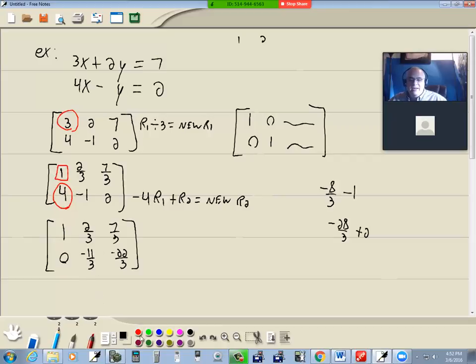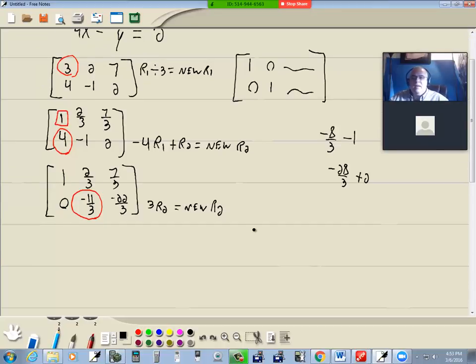Now we work our way down the diagonal. We got a 1 here, zeros below it. So now we want to get a 1 here and zeros below it, but there is nothing below it. So here we can multiply that second row by 3 to get rid of the fraction. So 3 times row 2 gives us our new row 2: 3 times 0 is 0, 3 times -11/3 is -11, 3 times -22/3 is -22.